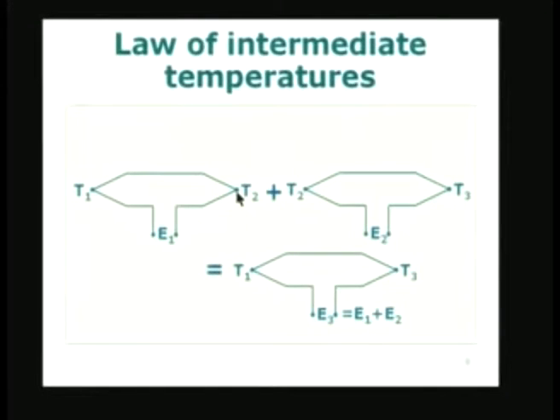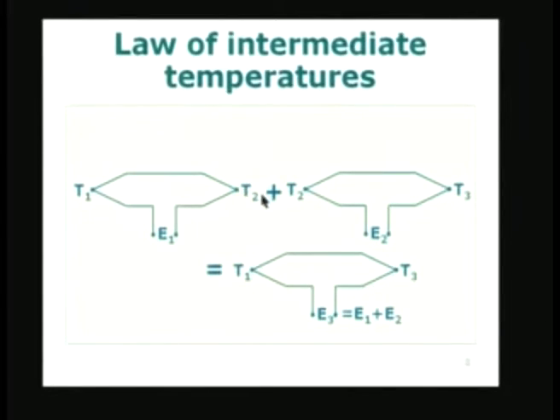Let me just see how it can be used. For example, suppose I do not have a nice reference point, I am not able to have a nice reference point. Suppose this is the temperature I want to measure, T1, T2, instead of being the ice point, I have got the room temperature. Let us assume that the room temperature is measured by a third thermometer, some other thermometer which is easily accessible to us.